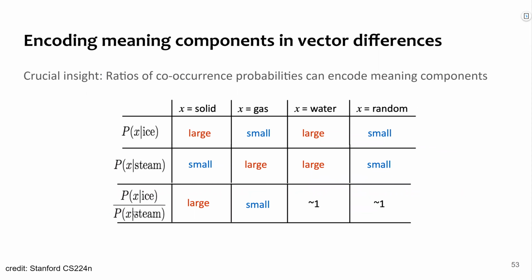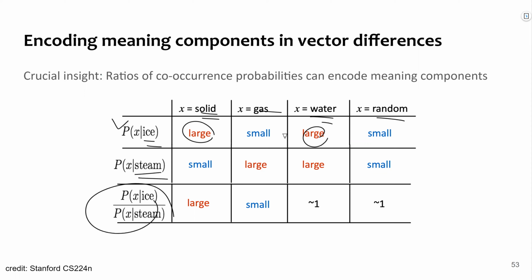Okay, and another point I want to make here is that the ratio sometimes gives very important information for us. So here you can see given ice, the solid probability is quite high, water is high, but gas and random are low.